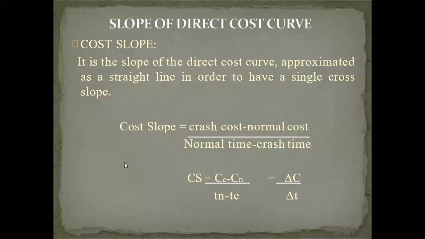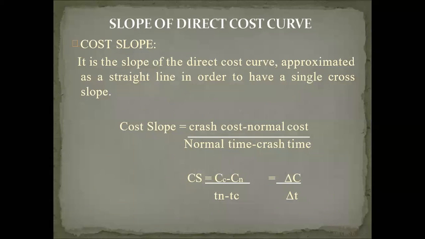Cost slope is nothing but the difference in cost divided by the difference in time. Whatever the higher values are, we take first, and the lower value next. So crash cost minus normal cost, divided by normal time minus crash time. In short, Cc minus Cn divided by Tn minus Tc.